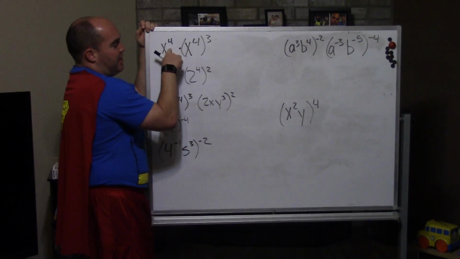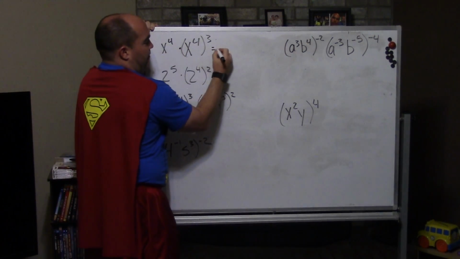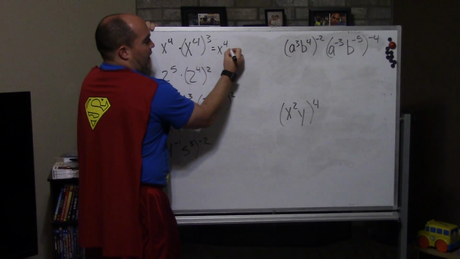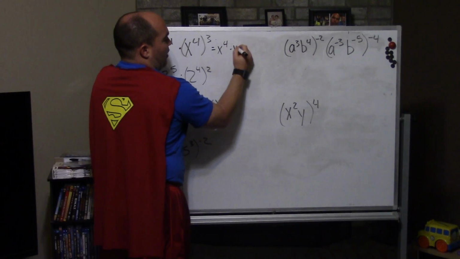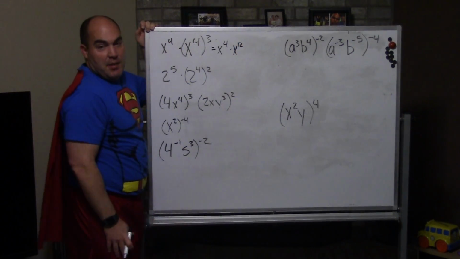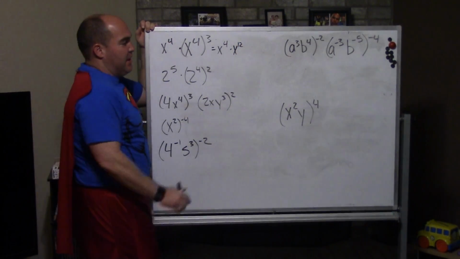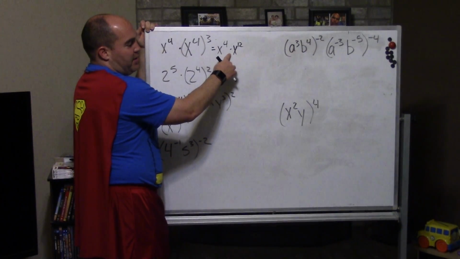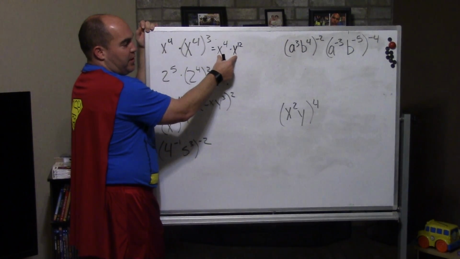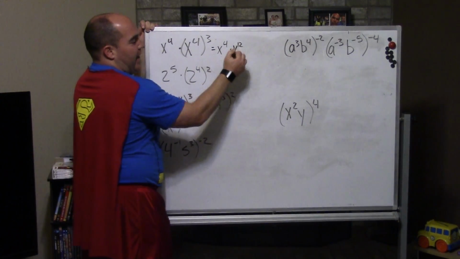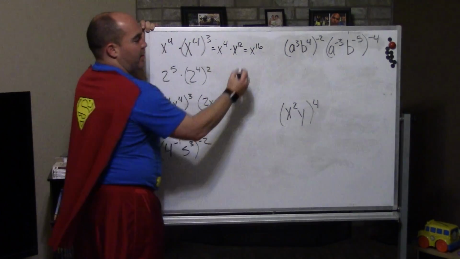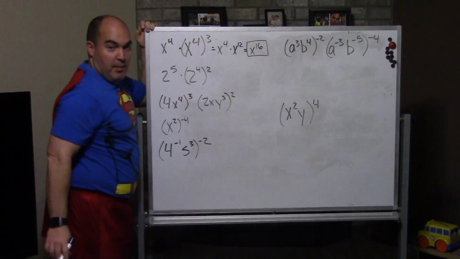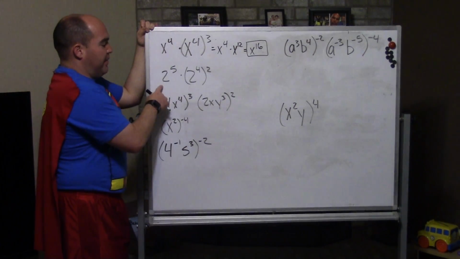So I have this x to the fourth over here, times now x to the 4 times 3, which is going to be x to the 12th. So now that takes me back to the rule from last time. I just have x to the 4th times x to the 12th, so it's powers with the same base, okay? And so all I have to do is add those exponents and get x to the 16th as my final answer.